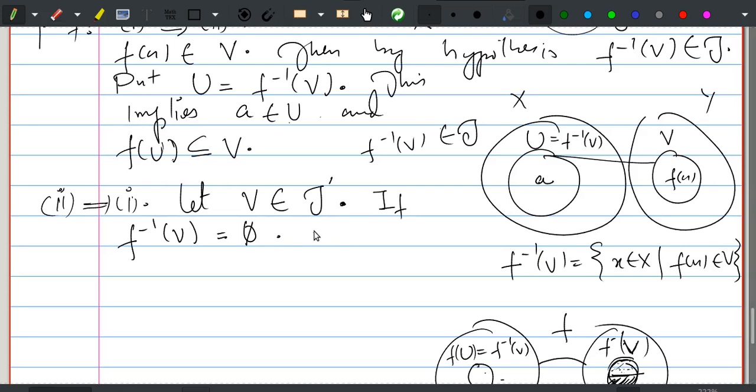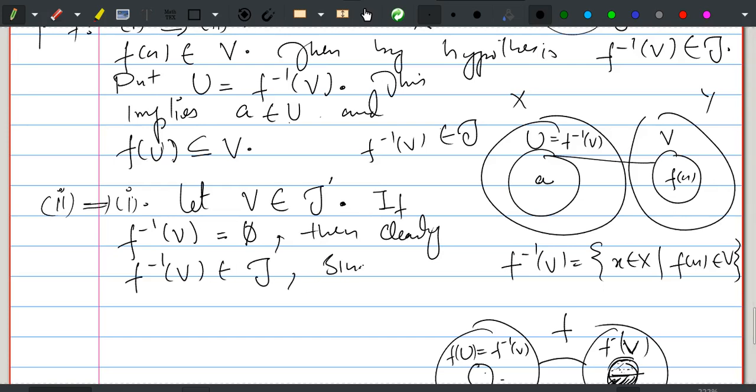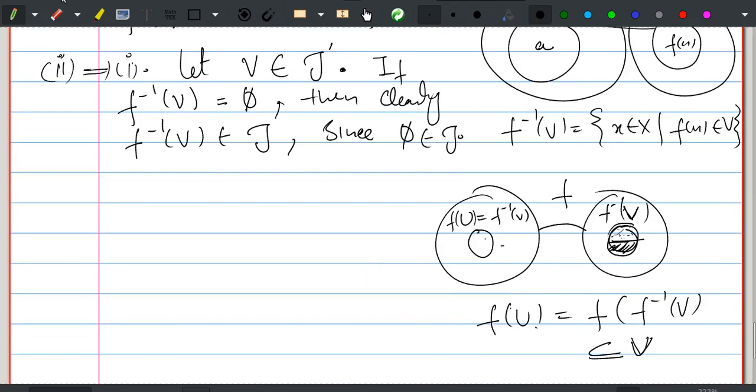So clearly f inverse V is in T, since the empty set is in T. So we are done in this case. Now assume this is non-empty. Let us first erase this.